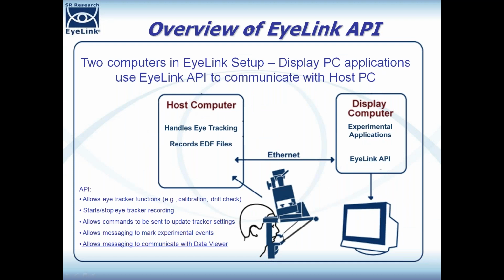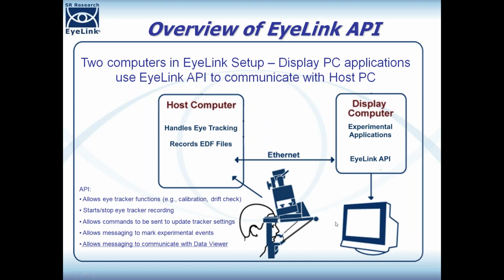In a typical EyeLink setup, you have two computers involved. One computer we call the display PC, and it's the computer that's running those experimental applications: PsychoPy, Psychtoolbox, Presentation, E-Prime, whatever. And it's presenting the stimuli to the participant. So here we have an old CRT. They have great timing properties, so don't judge there.